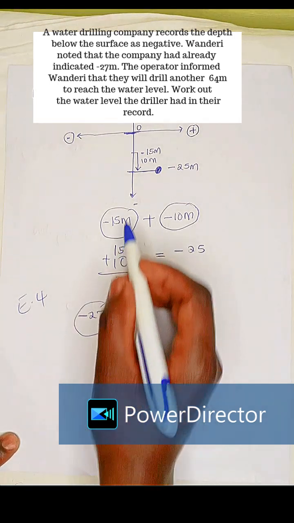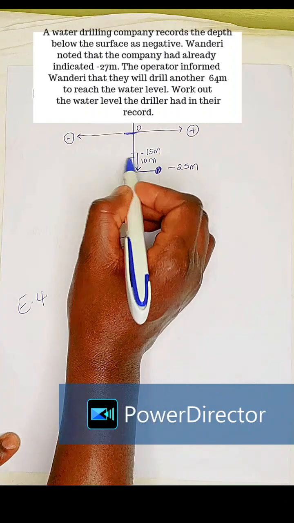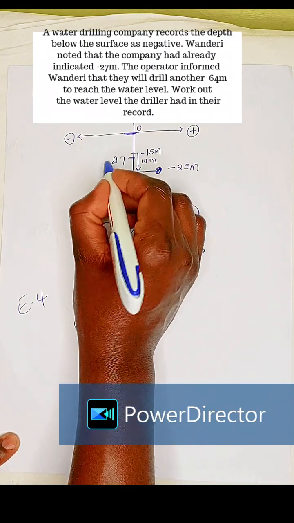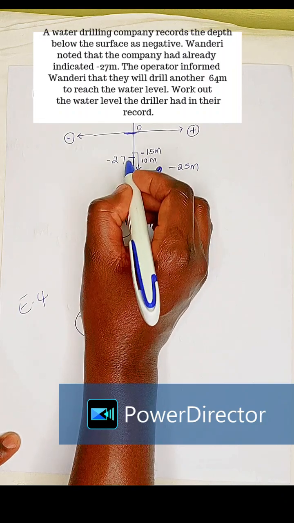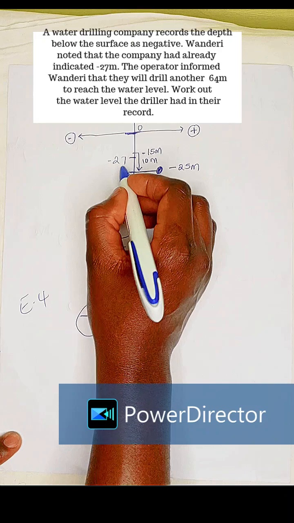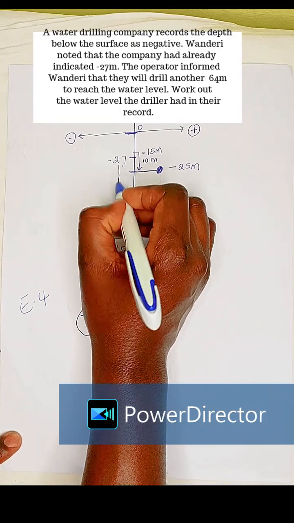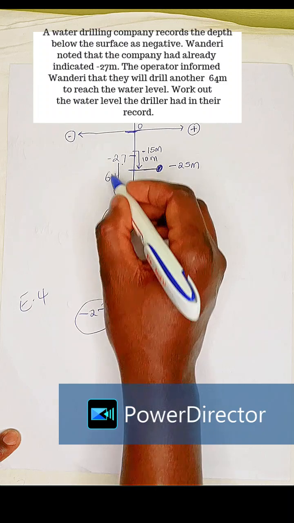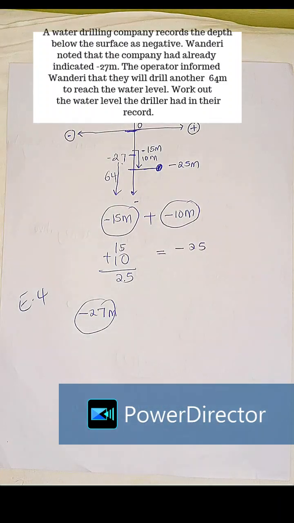They had already gone 27 meters down the earth. But the operator says that in order for them to reach the water surface, they will have to move another 64 meters. They will have to add another 64 meters downwards so that they can reach the water surface.